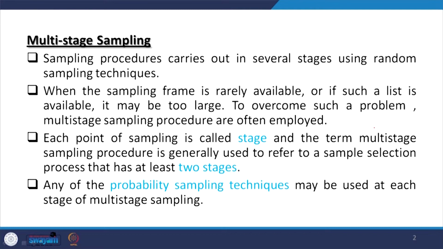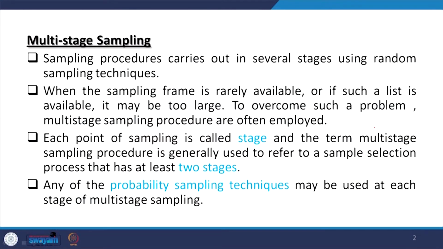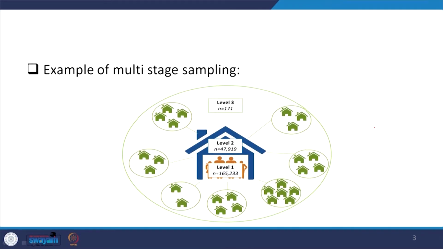Each point of sampling is called a stage. The term multi-stage sampling procedure is generally used to refer to a sample selection process that has at least 2 stages, minimum of 2 stages. Any of the probability sampling techniques may be used at each stage of multi-stage sampling, as I already discussed from the beginning.